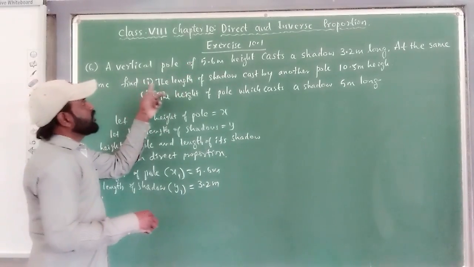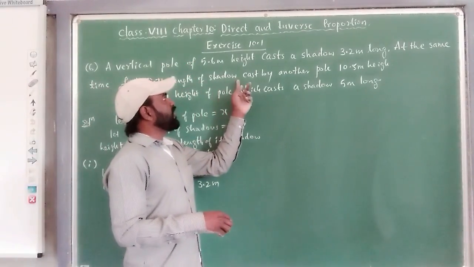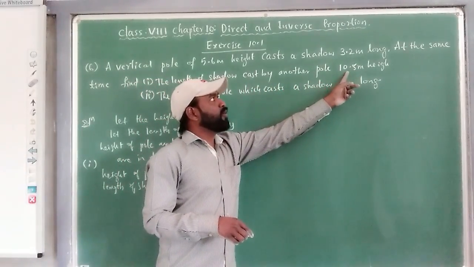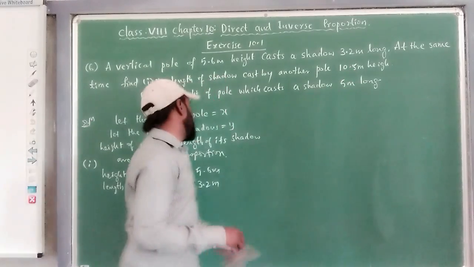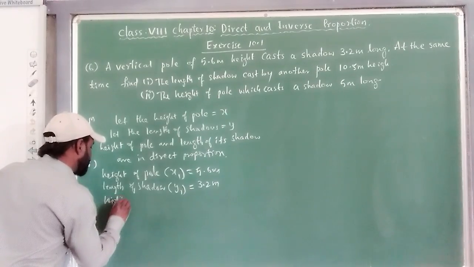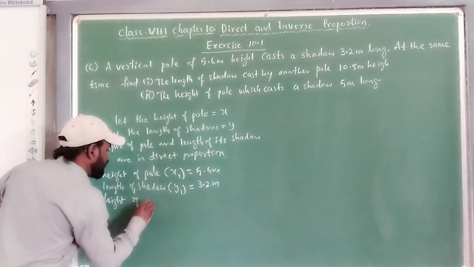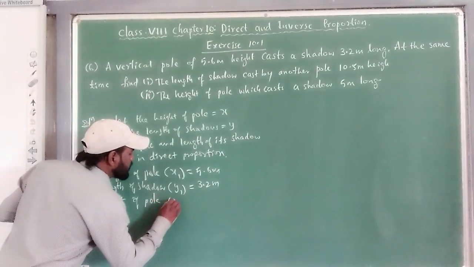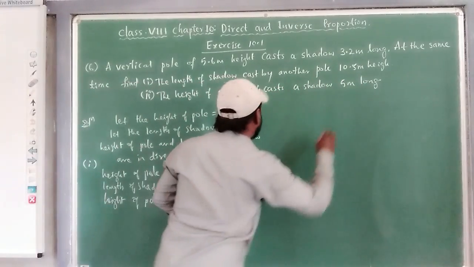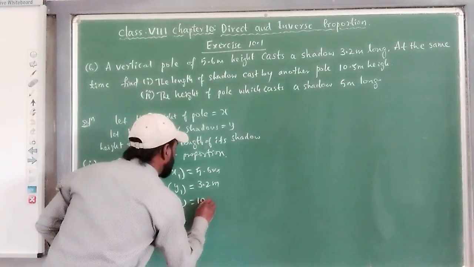Now, what do we need to find? The length of the shadow cast by another pole. What is that? 10.5 meters height. So again, the height of the pole is x2, 10.5 meters.